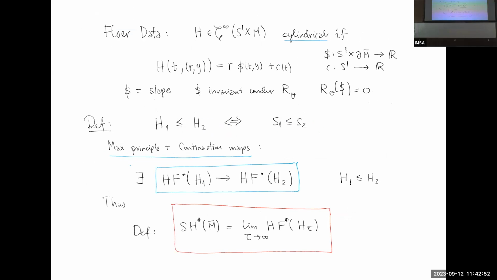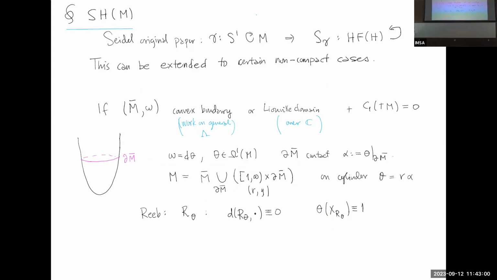So let me explain that. The Floer data that you need in order to construct a Floer theory from those types of domains, or Liouville domains, also works for things with convex boundaries. They are essentially like Liouville domains, but only at the level of the boundary, so this form exists only at the boundary, not on the whole manifold.